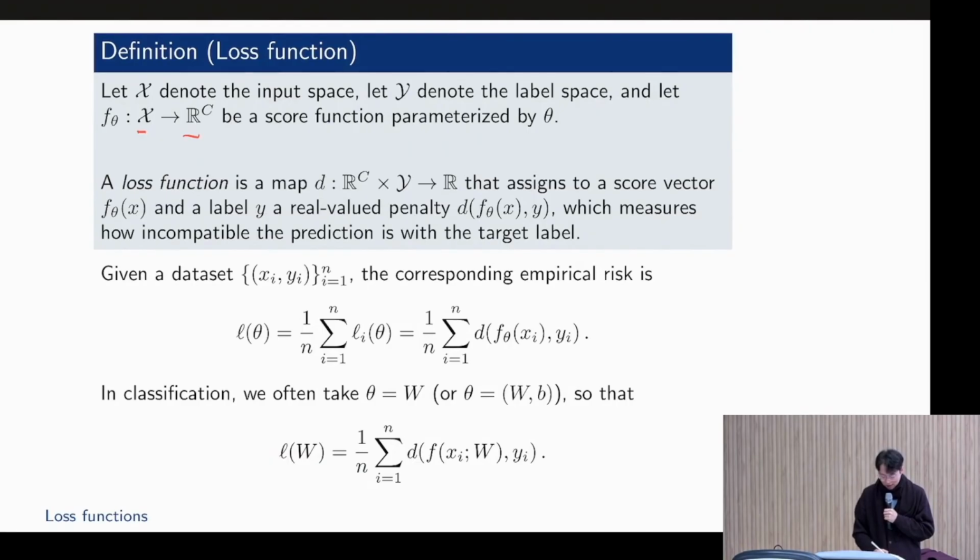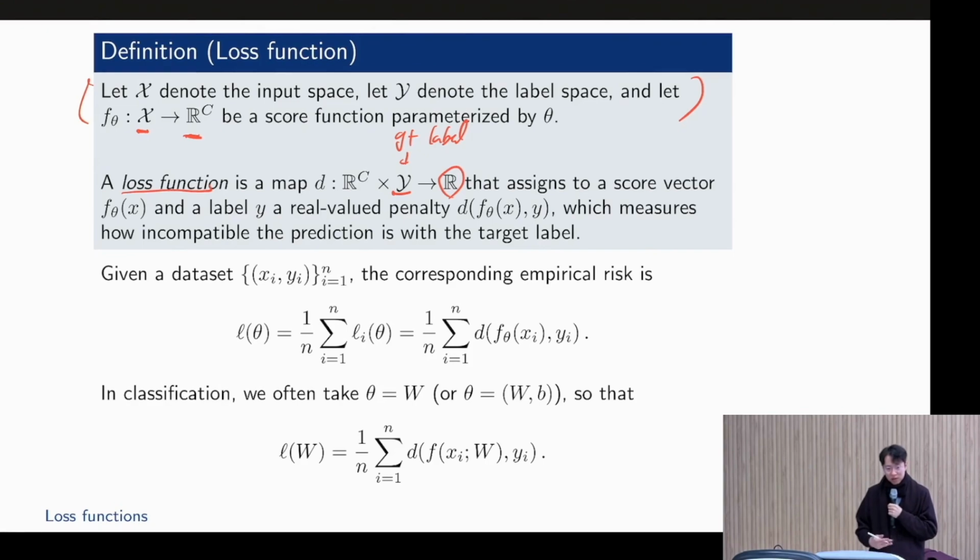Sorry, let me take a step back. We already discussed score functions. So let's say we're given a score function f that takes input and outputs a C by 1 vector of scores for all classes, parameterized by theta. The loss function is a map that takes the output of the score function, which is of size C by 1, and the correct ground truth label, and outputs a real number, a scalar.